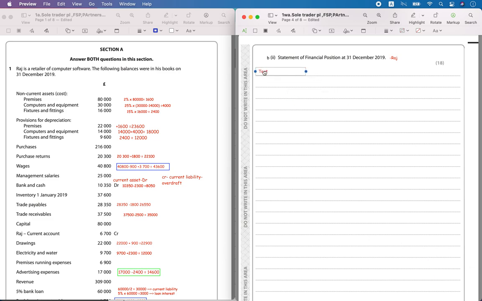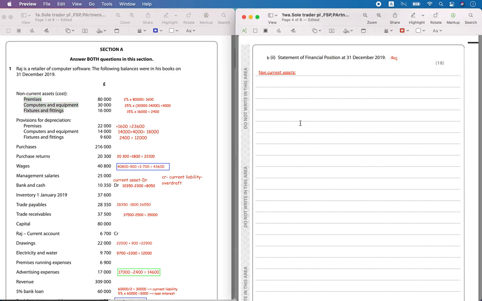The first one is going to be non-current assets carrying value. We have to calculate. So let's put all the non-current assets. We are going to calculate it from the cost, accumulated depreciation, and then the carrying value.